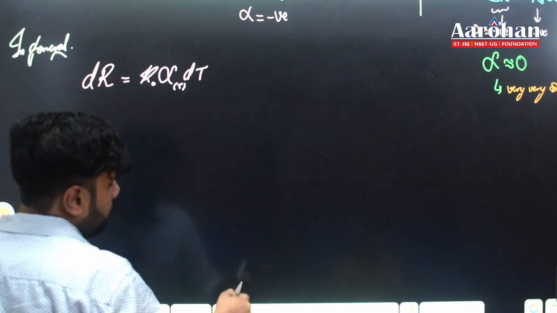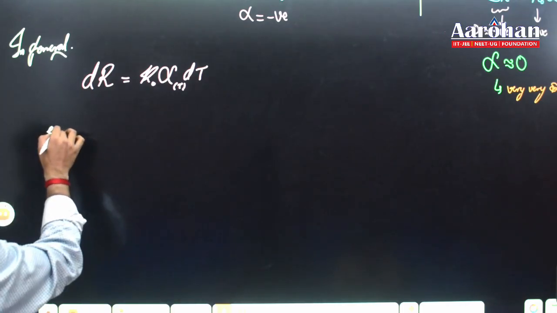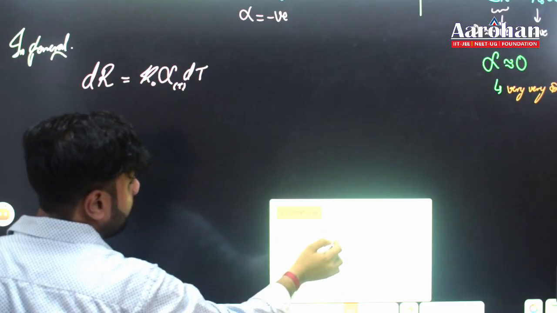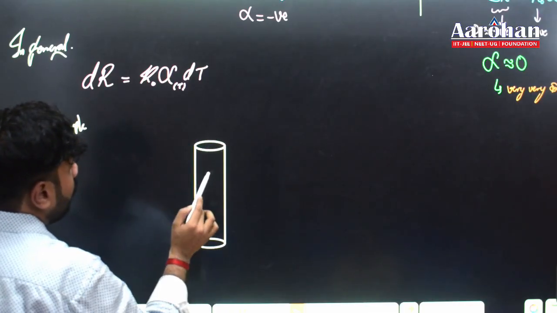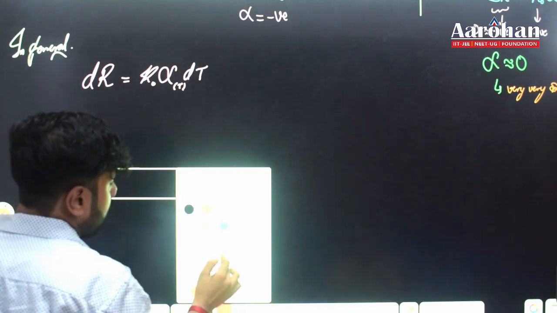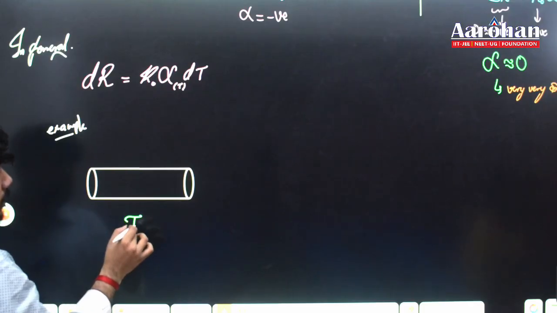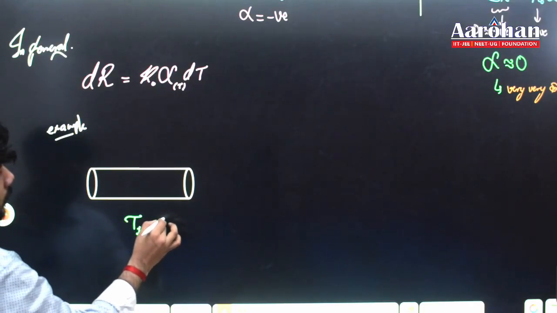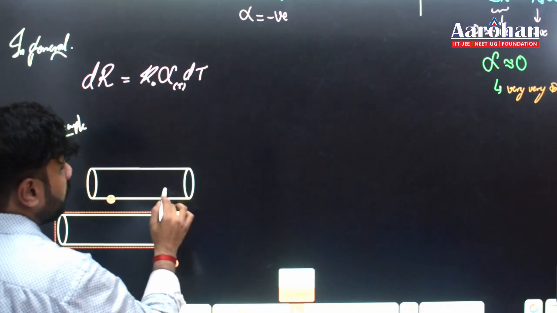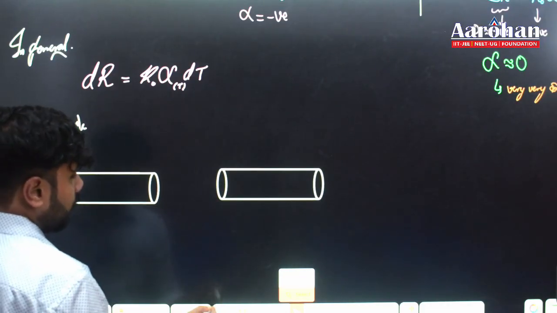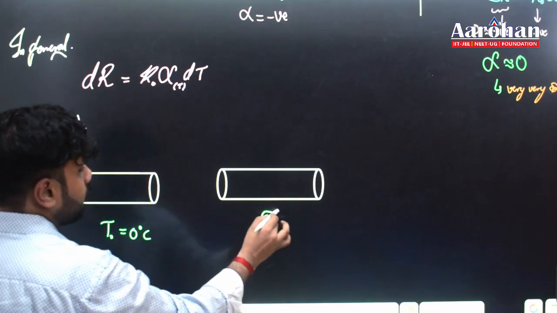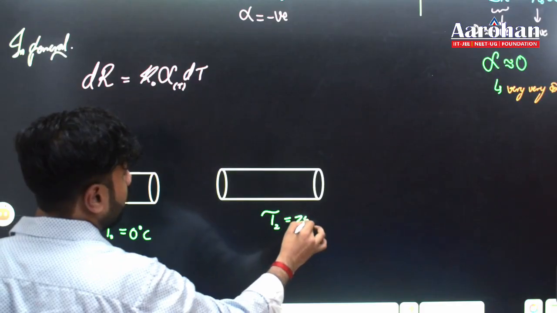Let's have an example so we can do it. Let's say we have a conductor. Let's say the temperature here is 0 degrees Celsius, and here it is 25 degrees Celsius.